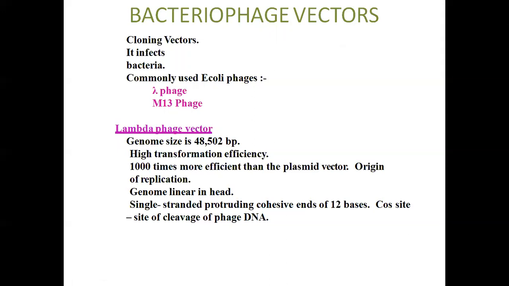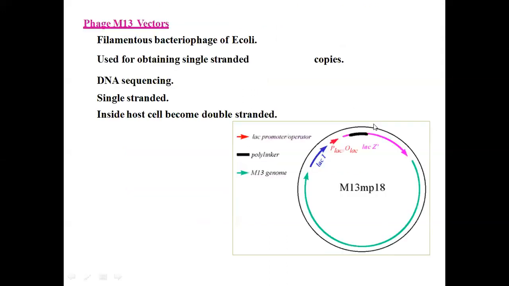It has high transformation efficiency, 1,000 times more efficient than the plasmid vector. Plasmid vector means pBR322, pUC8; these are small circular bacterial vectors. Lambda phage or M13 are the biggest size vectors, and they are linear DNA, and you can cut in between the DNA and clone the gene of interest.